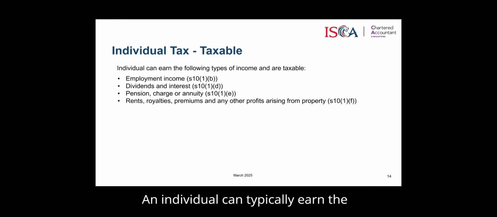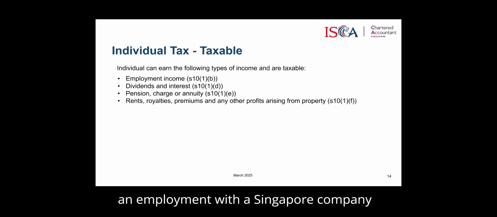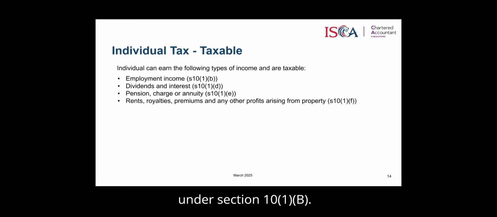An individual can typically earn the following types of income, and these incomes are taxable in Singapore. For example, employment income, which you would derive by undertaking an employment with a Singapore company, under Section 10(1)(b).